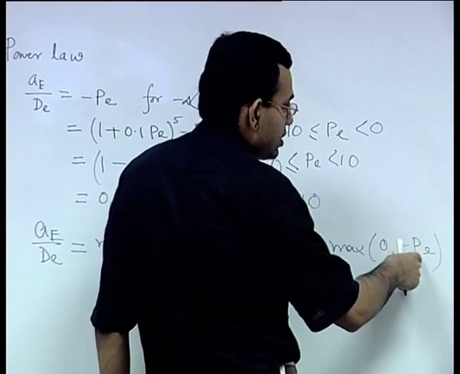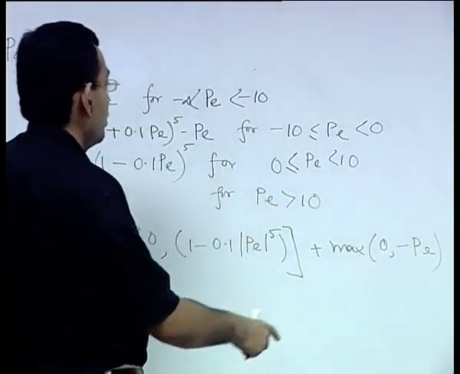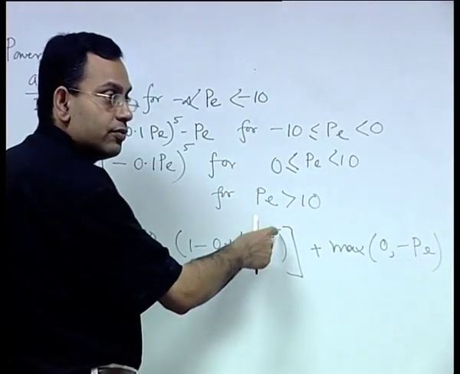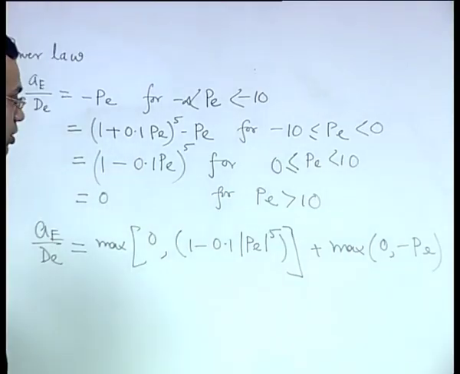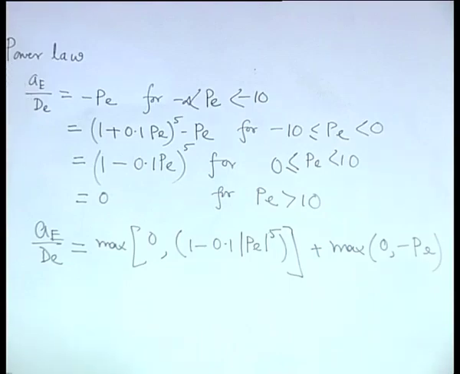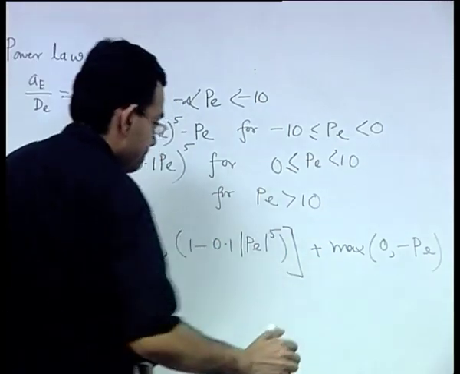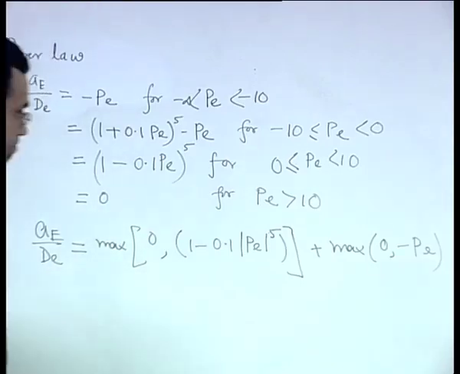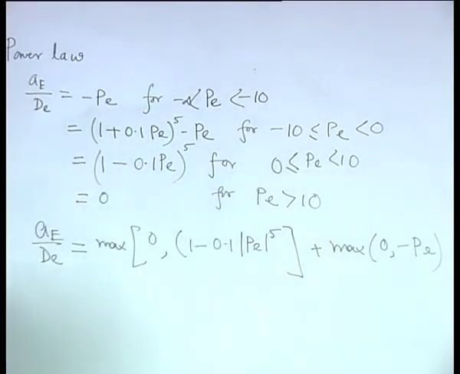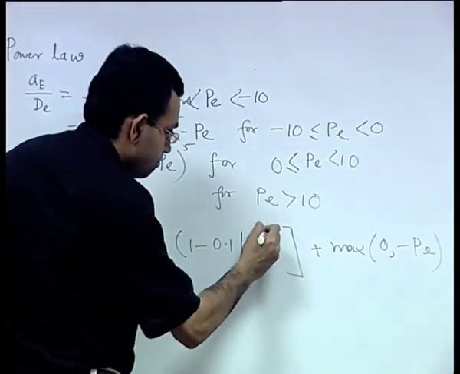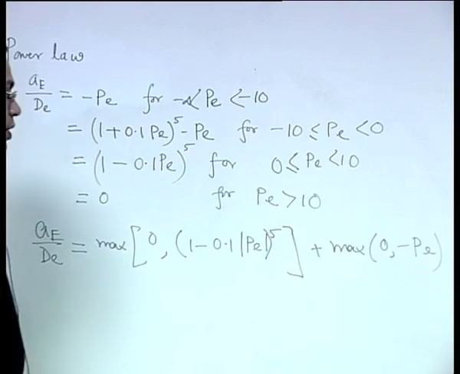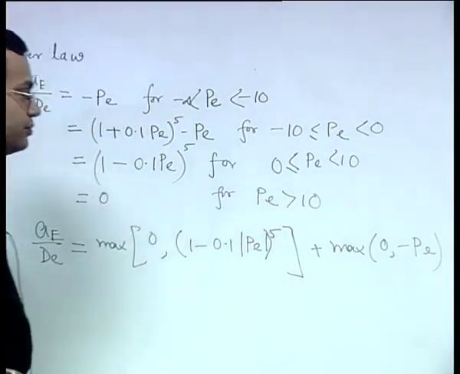So it will be minus of p, 0.1 mod of p, whole to the power of 5.